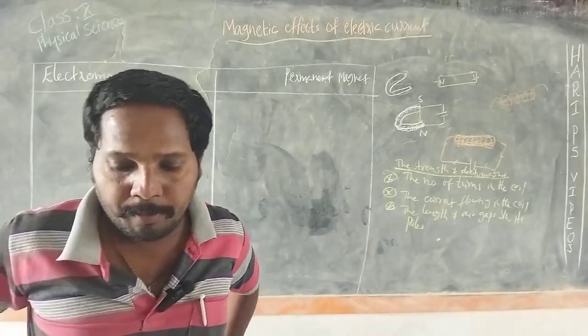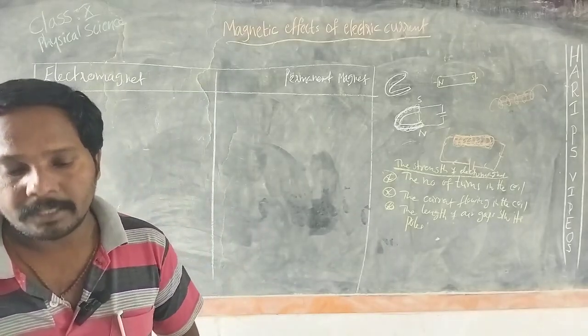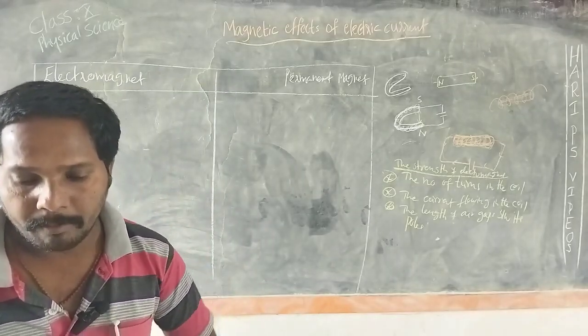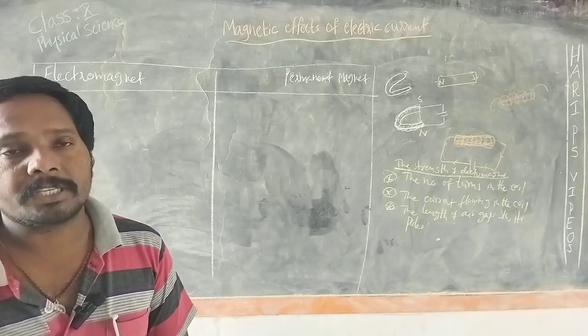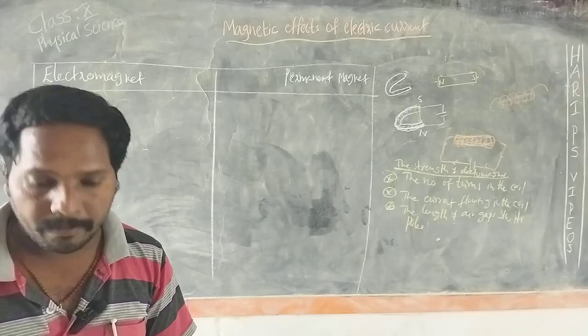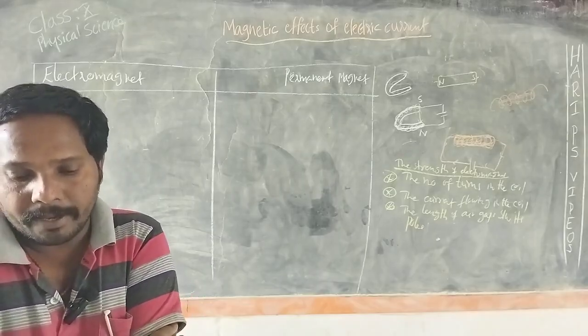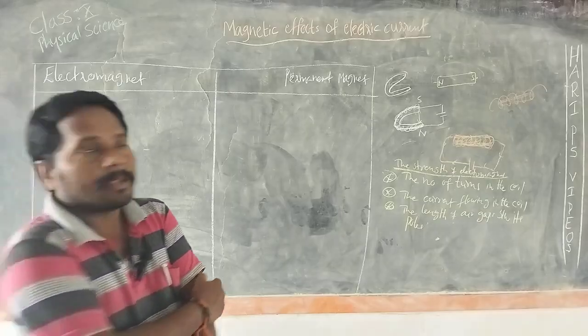It should be noted that in many respects an electromagnet is better than a permanent magnet, because it can produce very strong magnetic fields and its strength can be controlled by varying the number of turns in its coil or by changing the current flowing to the coil.